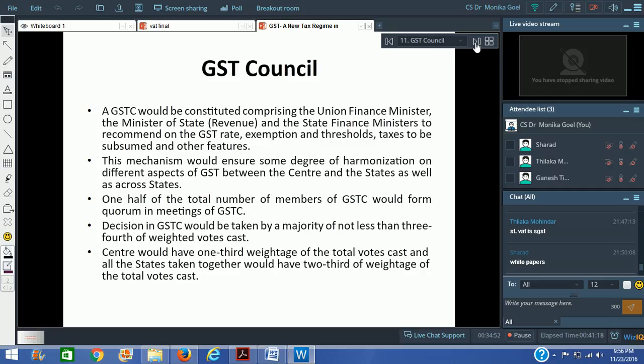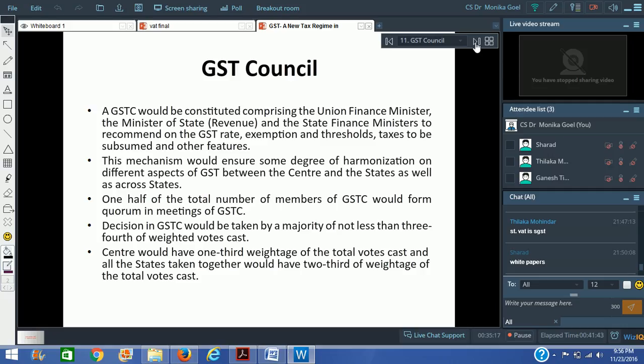It will also provide for exemptions and thresholds under the GST regime, the taxes which have to be subsumed into GST, and all other features. It also has to ensure complete harmonization between different aspects of GST between centre and states, right?